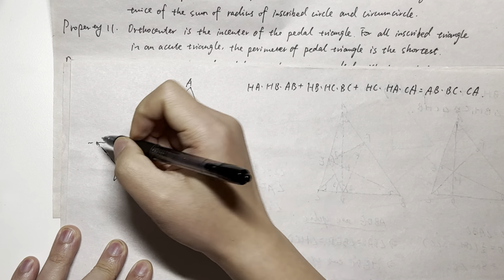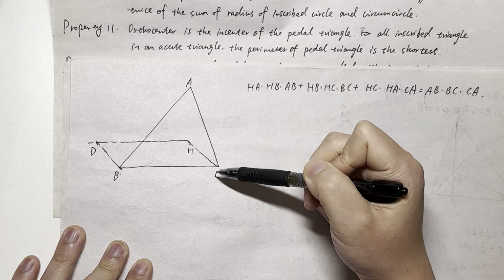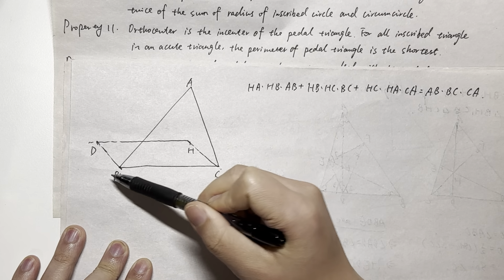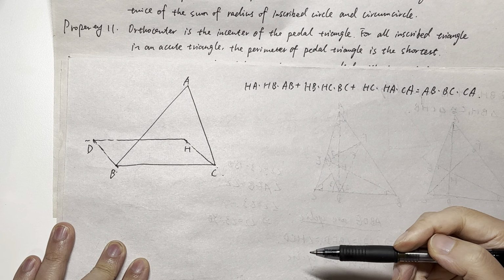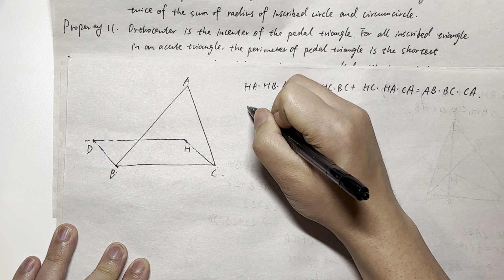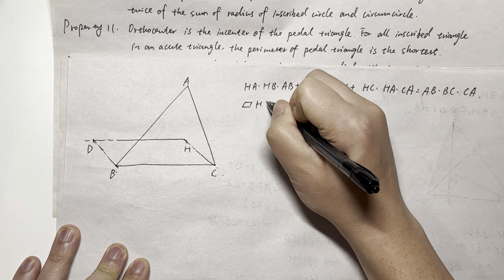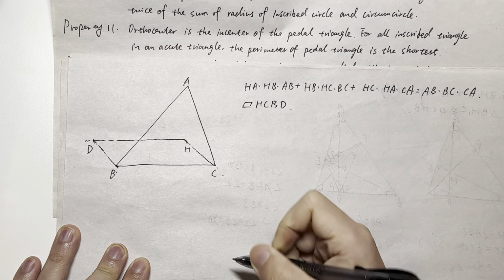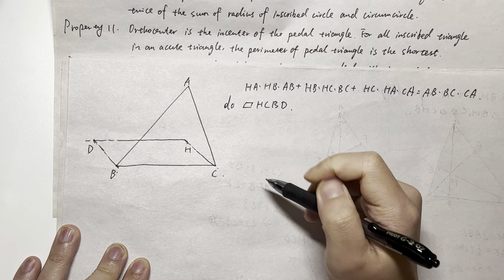Let's call the new point D. So HCBD is a parallelogram, and DH equals BC.